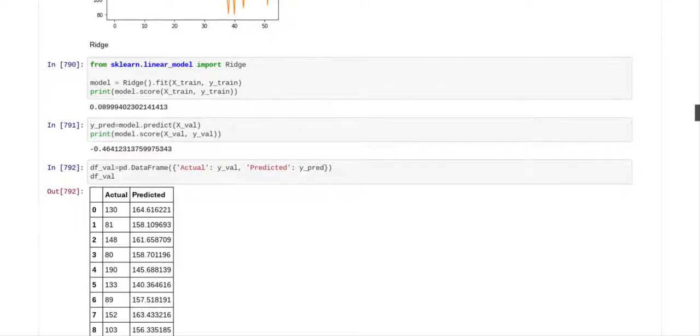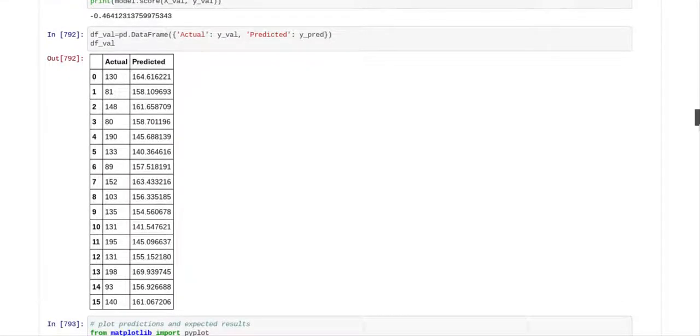Then what I did was I tried Ridge. Ridge is another type of linear regression, and you can see it was about the same. We had like a 9% accuracy on the x train, y train, and like a negative accuracy on the x val, y val.